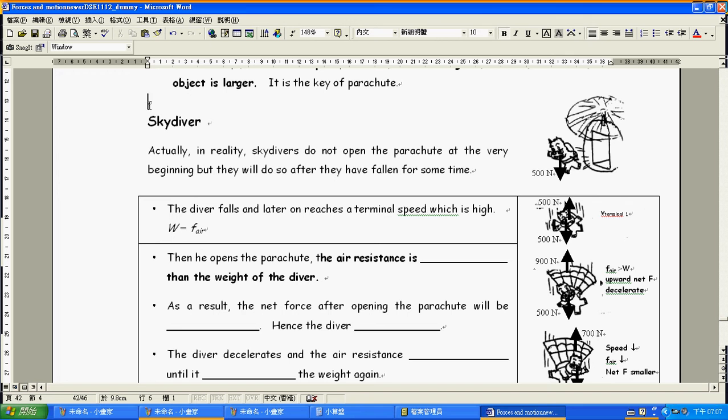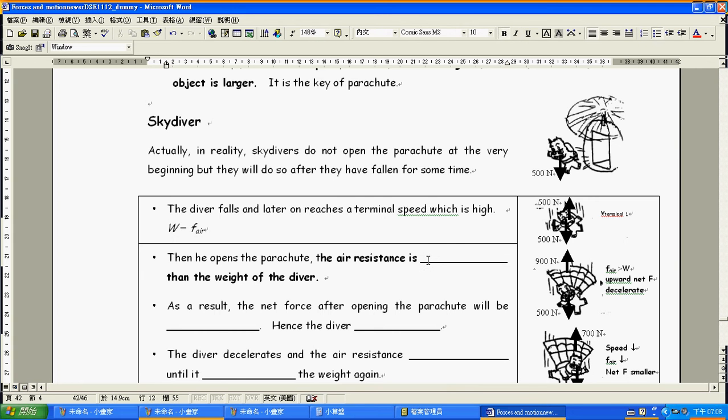So let's look at a skydiver. Now, in reality, skydivers do not open the parachute at the very beginning, but they will do so after they have fallen for some distance. Now, the diver falls, and later reaches a terminal velocity, which is high. At this stage, the weight equals the air resistance.